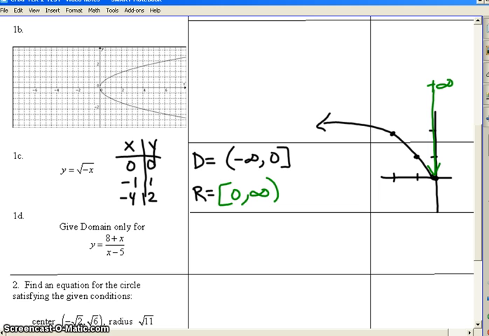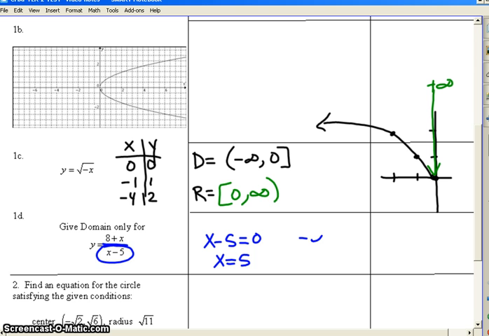On 1D, give the domain only. When you have a rational function, the only problem that you could run into is having 0 in the denominator. So x minus 5 equals 0, x equals 5. The only time you're going to run into that problem is when x is equal to 5. All other values of x work.